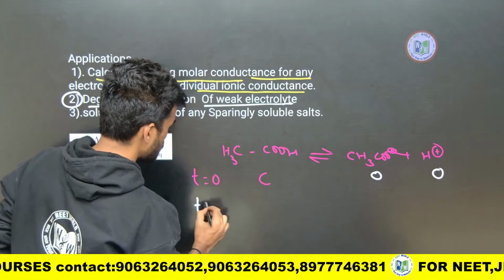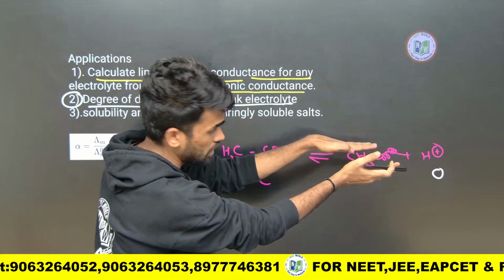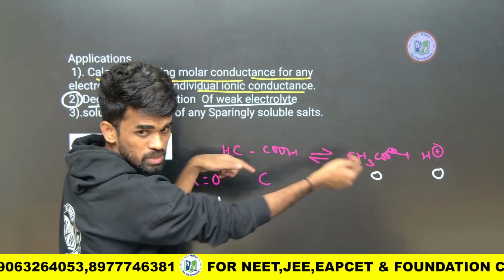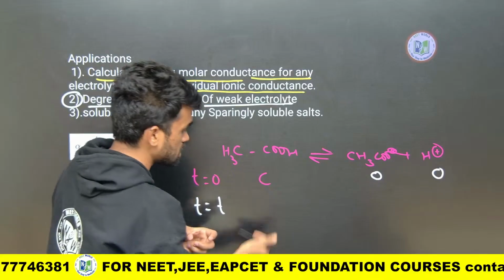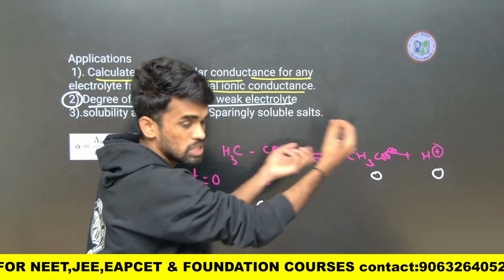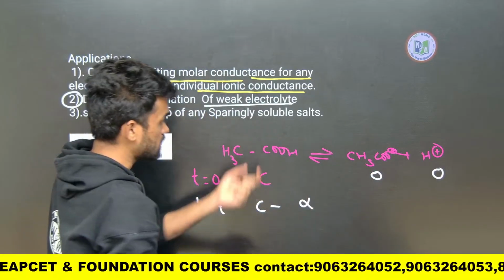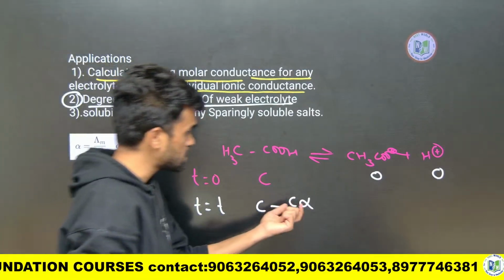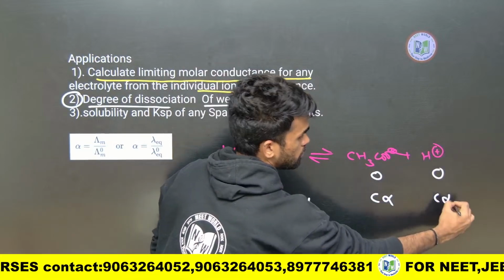At some time t, when this acid has dissociated to some extent, some of the acid is converting into its ions, meaning its concentration decreases. So C minus something, which is the dissociation. We can give the dissociation with alpha, so C minus C alpha we can write. This is the amount converting into ions.